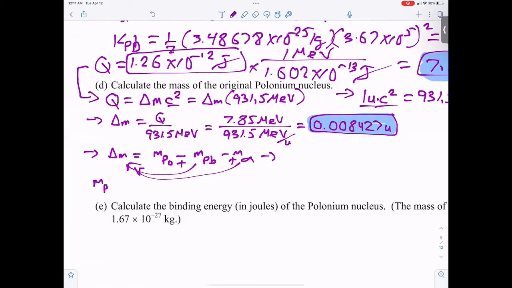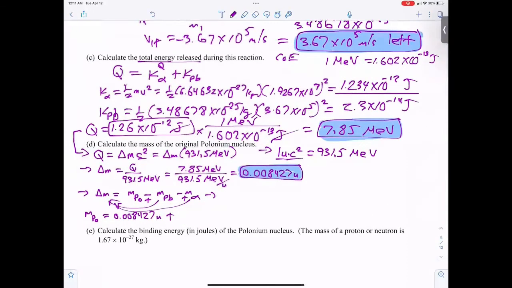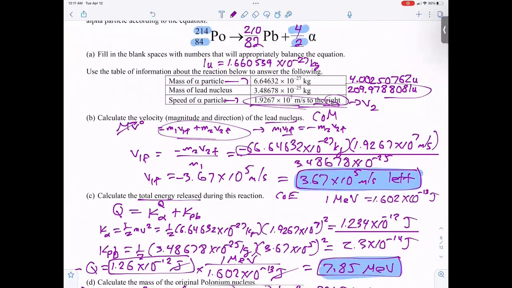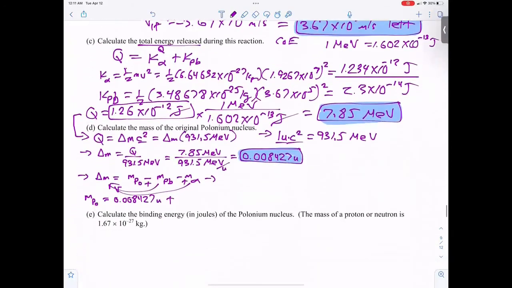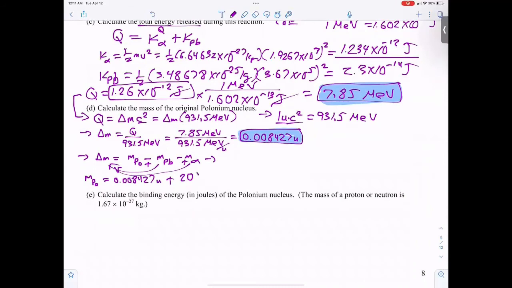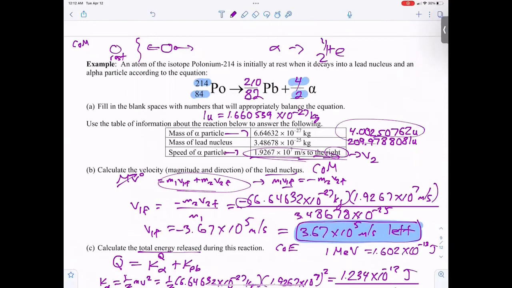So the mass of the polonium nucleus is going to be the mass defect, which we just found, 0.008427 atomic mass units, plus the mass of the lead that we add over there, 209.97880881 atomic mass units, plus the mass of an alpha particle, which is 4.00250762 atomic mass units.